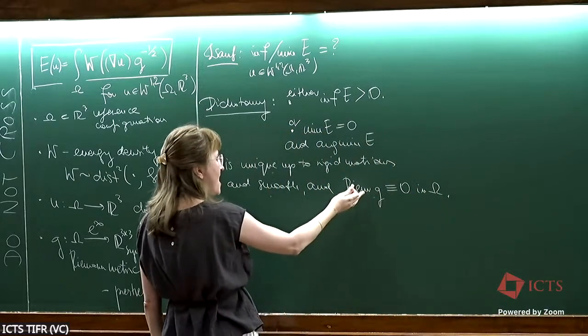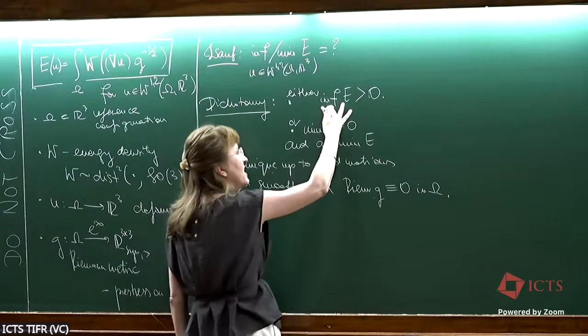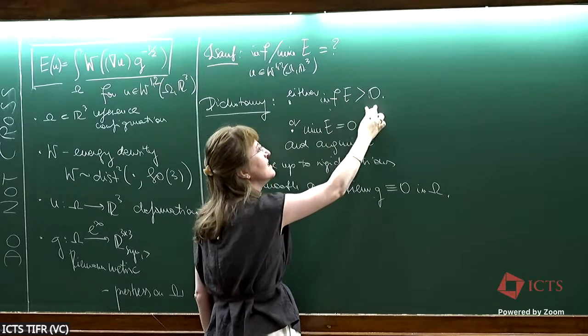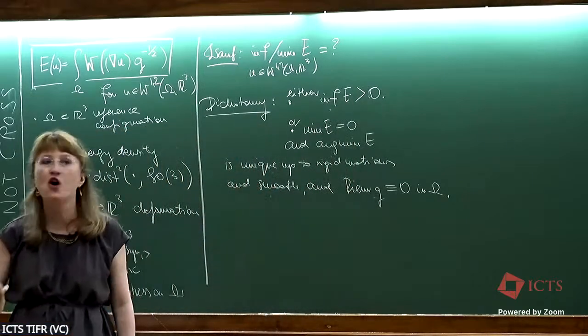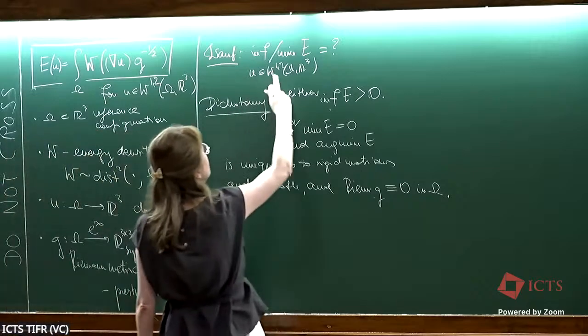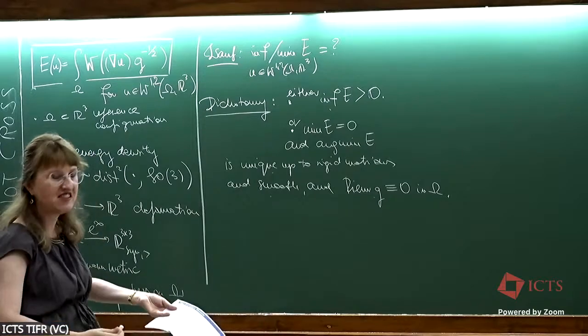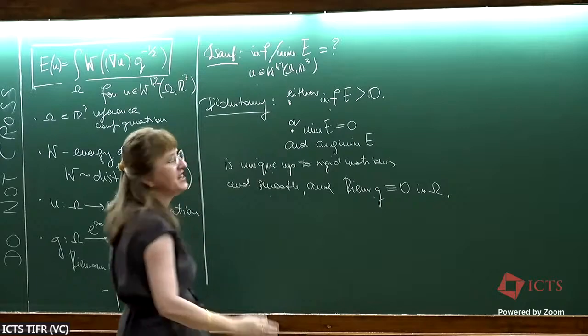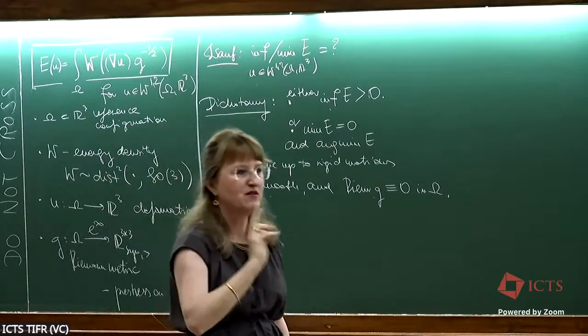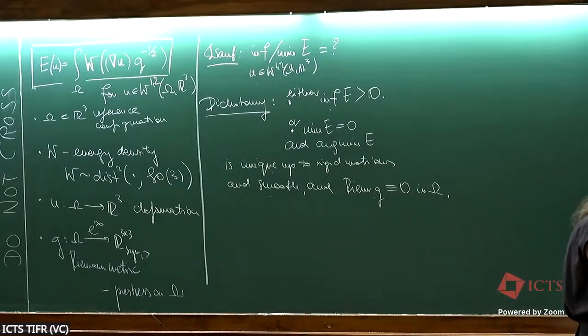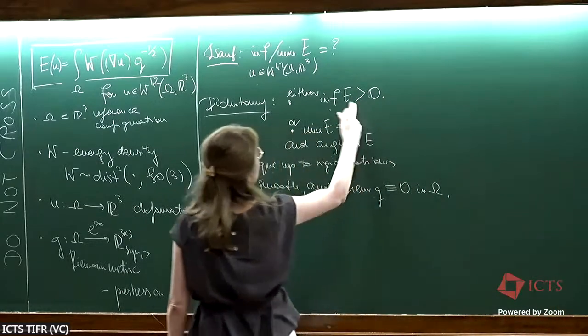And if that's not true, then there is an energetic barrier. You cannot pass a certain positive number, no matter what. I'm not assuming the deformations are smooth, I'm not assuming they are orientation preserving, I'm not assuming anything. They are just W^{1,2}, which means that their gradient is integrable with second power. So you could think you can do a lot of things, a lot of local constructions, sort of origami, but no, you can't pass a positive number.